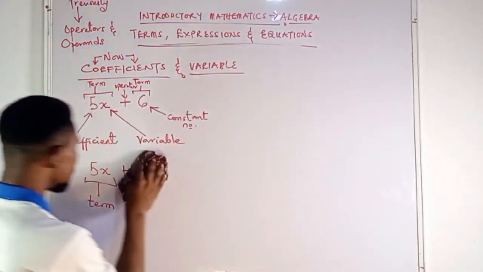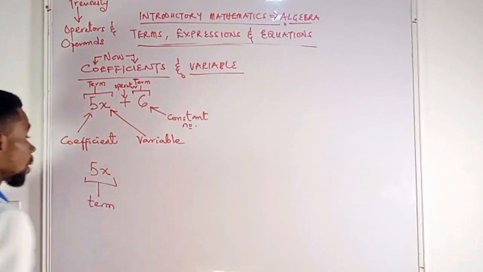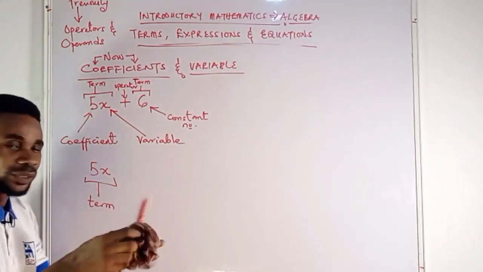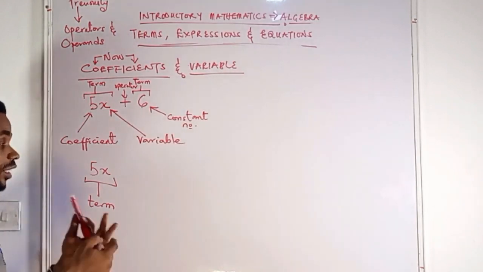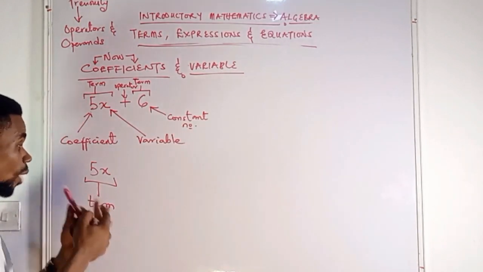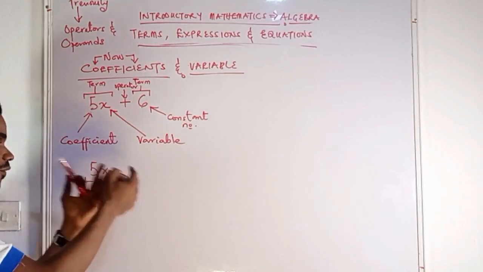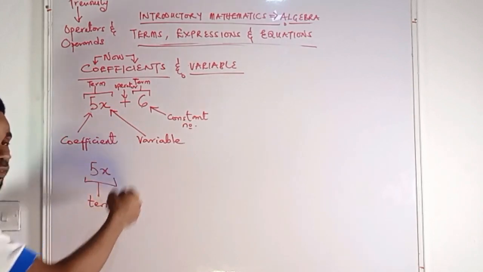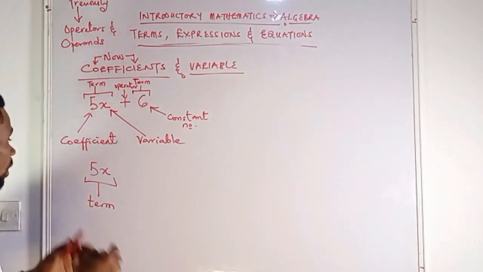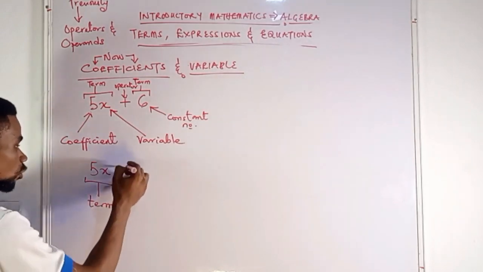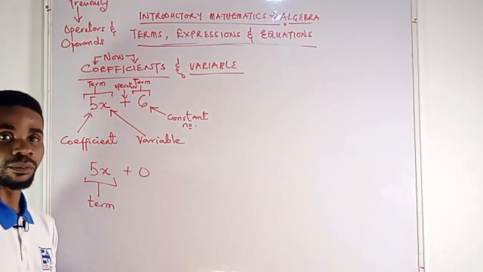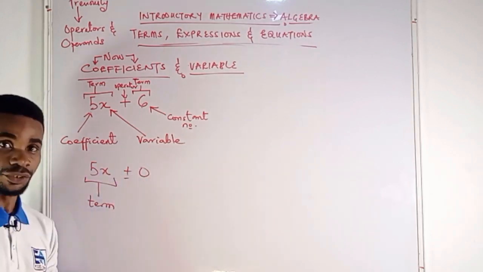All right, so let's see how it goes. I'm just forming a model around it for you to understand why it should be called a term, even as there is no plus or minus there. However the case may be, it is still a term, with an assumption that there is an invisible plus or minus 0.